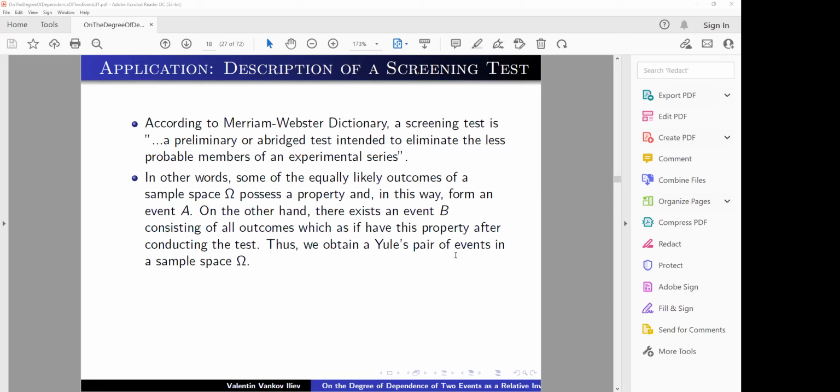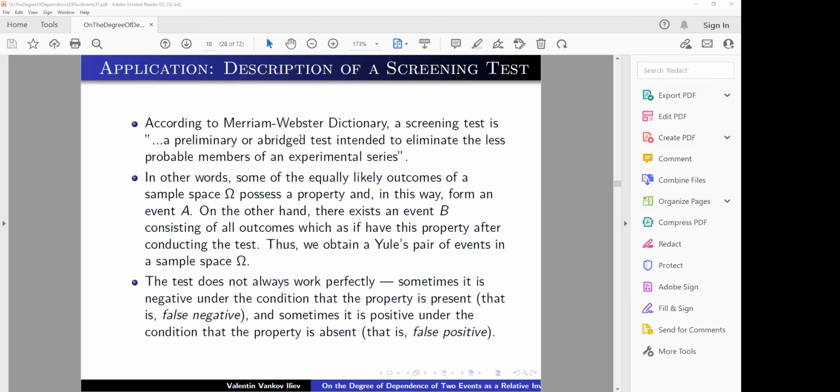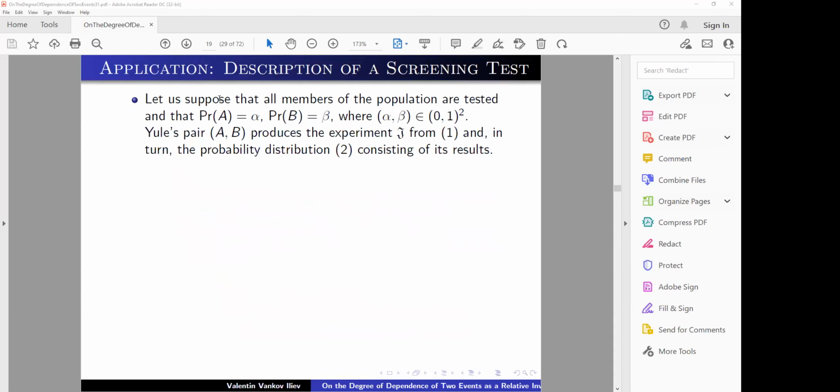Thus, we obtain a Yule pair of events in a sample space omega in this way. So we know very well in practice that the test does not always work perfectly. Sometimes it is negative under the condition that the property is present. This means it is a false negative, and sometimes a false positive, defined in a similar way.